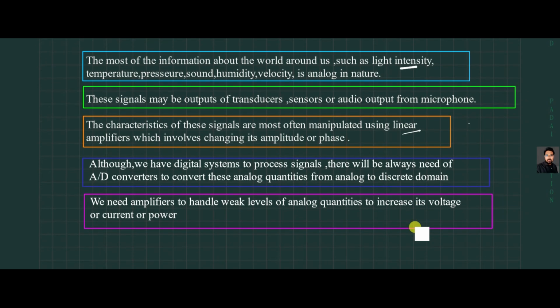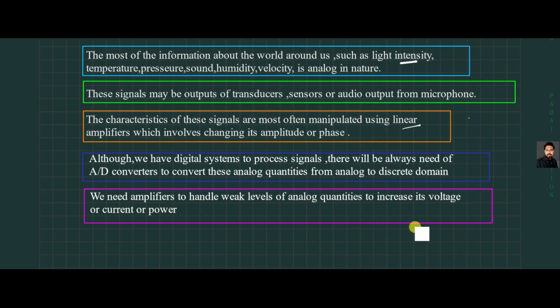Again, these quantities are converted back to the analog domain by using a digital to analog converter. Okay, this is a different topic, but we are going to focus on the analog quantities and the circuits which process the analog quantities. Okay, and these amplifiers handle weak levels.